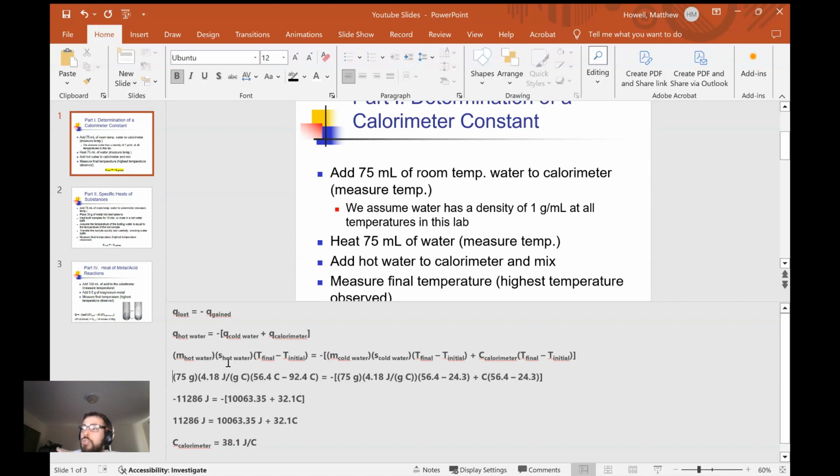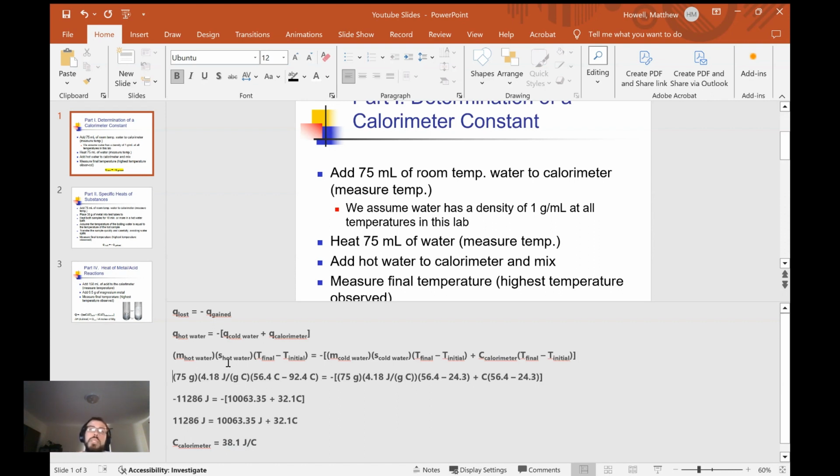But we are going to assume that regardless of temperature, the specific heat is going to be 4.18 joules per gram degree Celsius. That assumption is not rigorously true because specific heat does change with temperature, but it'll be good enough for an intro chemistry class and just getting basic concepts.